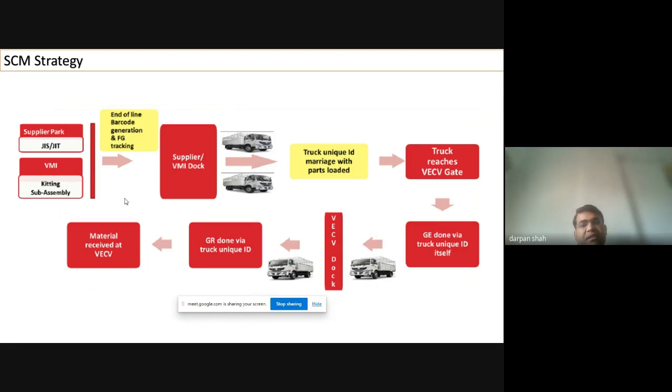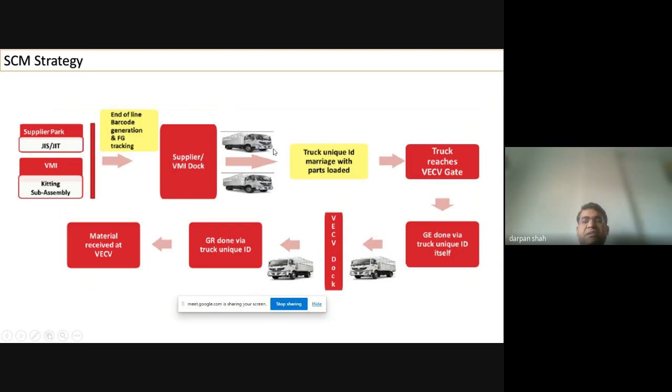As you can see, there are barcodes on parts, and we have finished goods tracking at the supplier end, so that we are aware of their inventory as well. That inventory is tracked through a unique ID which is managed with the truck ID.